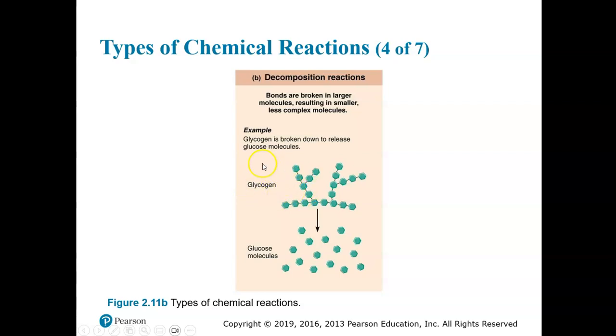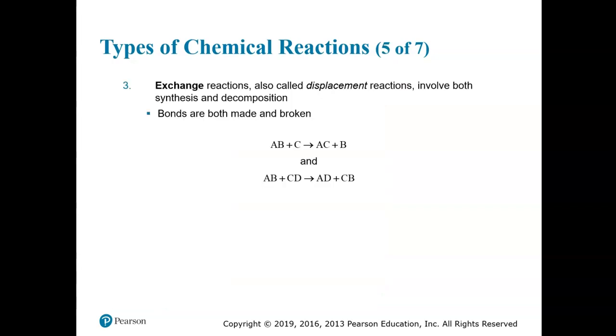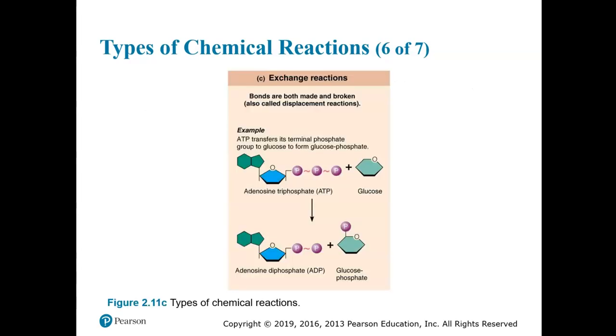When glycogen is broken down to release those individual glucose molecules, those monomers, where glycogen is a polymer and the individual glucose molecules are monomers, this is a hydrolysis reaction. And then we have exchange reactions in which certain atoms will just exchange places.